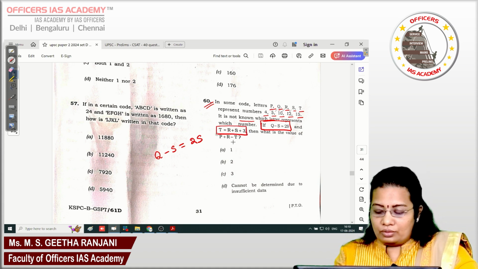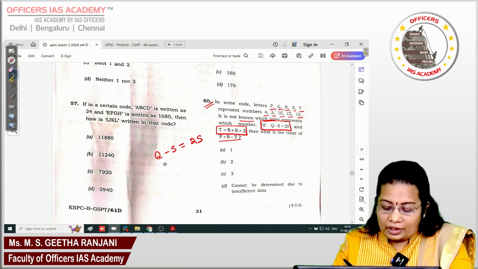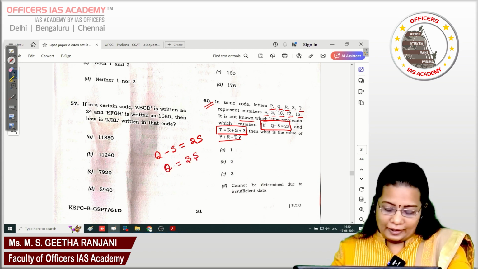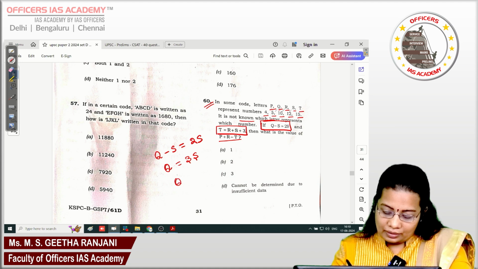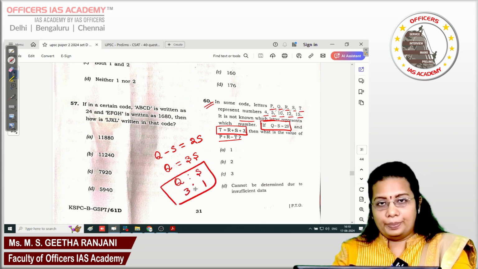With these two clues, you want to find what P plus R minus T is. So basically Q minus S is equal to 2S means Q is equal to 3S. What is the meaning? Q is to S is 3 is to 1. This is what you will get initially.